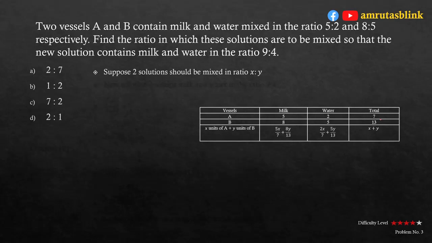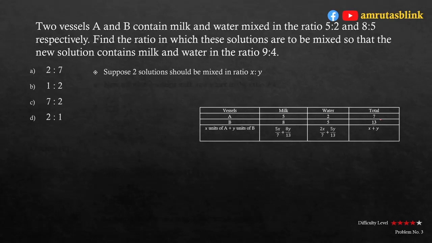Now what is being asked in the question is to find the ratio in which these solutions are to be mixed so that the resultant contains milk and water in the ratio 9:4. We'll assume that the ratio is x:y.